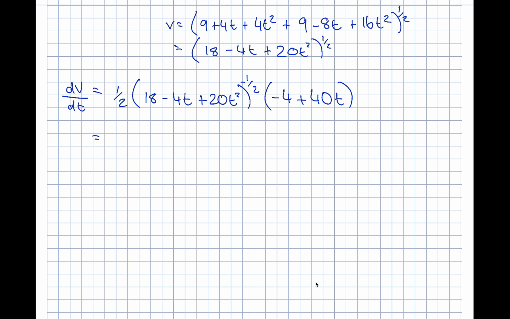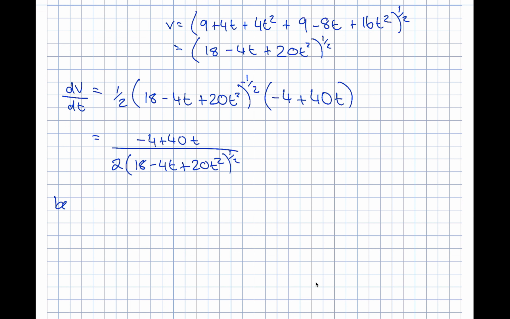So that becomes negative 4 plus 40t all over 2 lots of 18 take 4t plus 20t squared to the half.